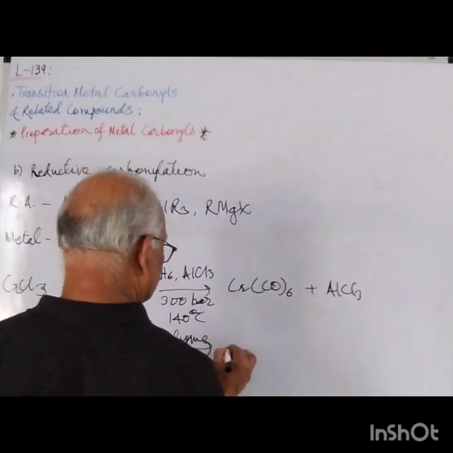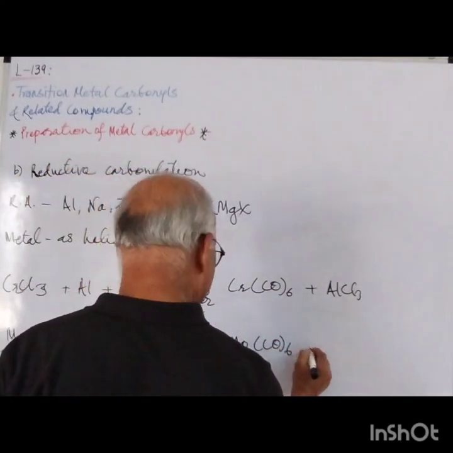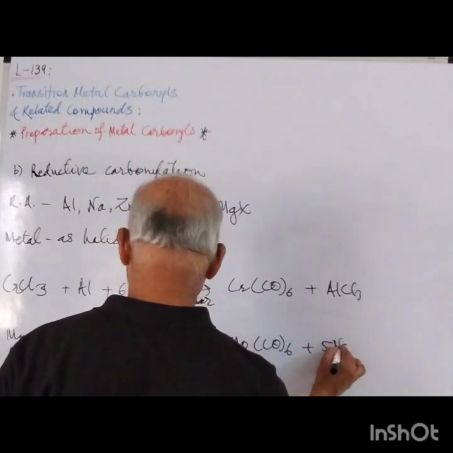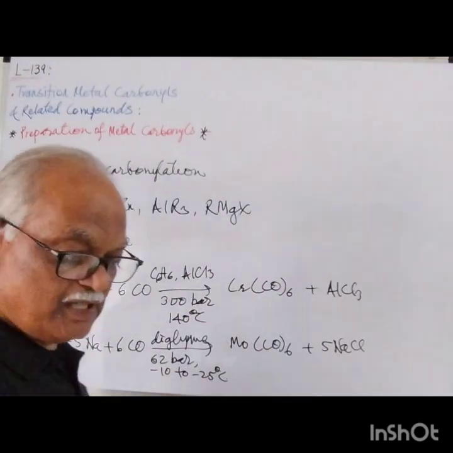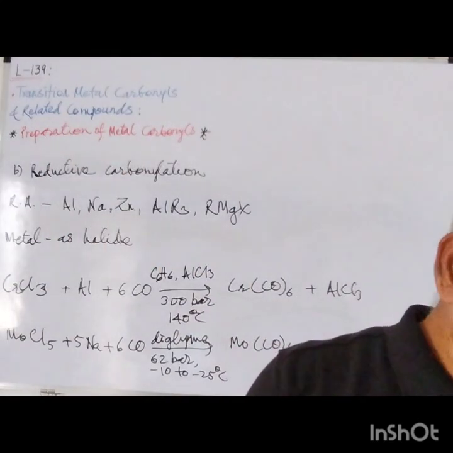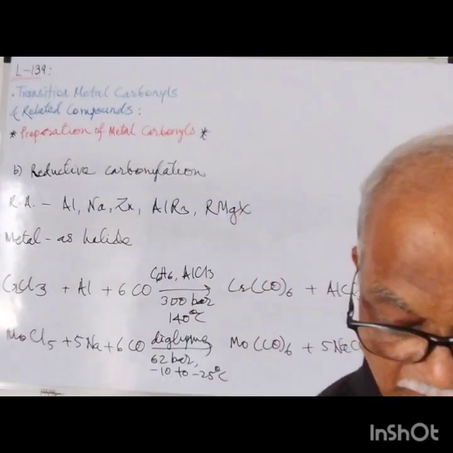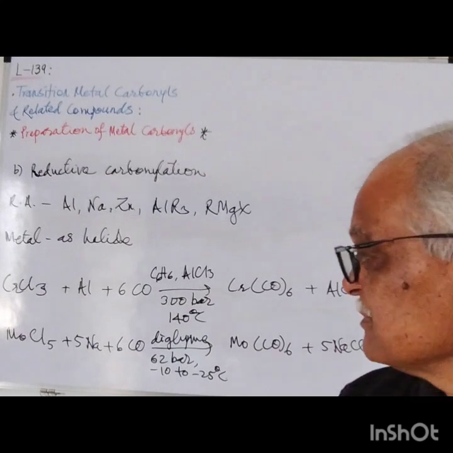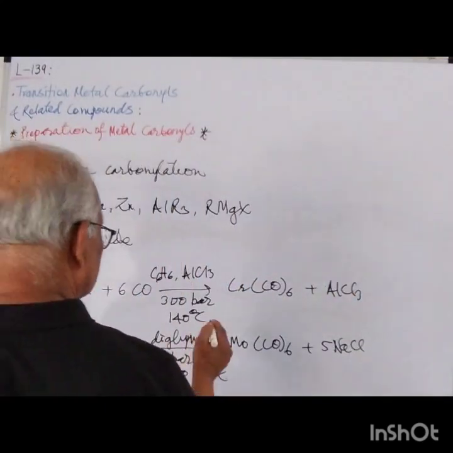So it gives the product Mo(CO)6 plus 5 NaCl. So here diglyme is the methoxy ethyl ether.